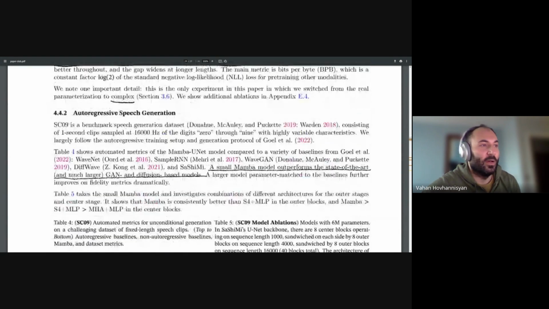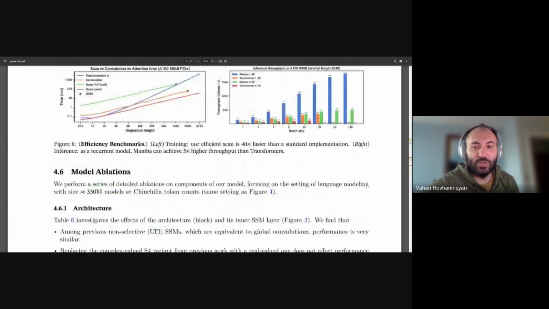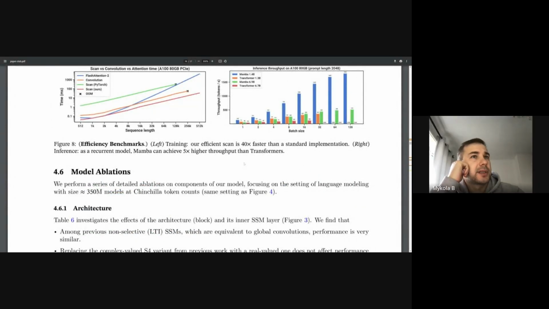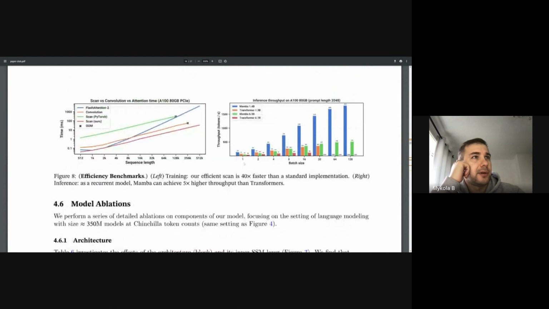Okay. I think that's all. Any more comments? Yeah, I wanted to ask, as I understand, Mamba is a selective state space mechanism which allows it to skip unimportant input.